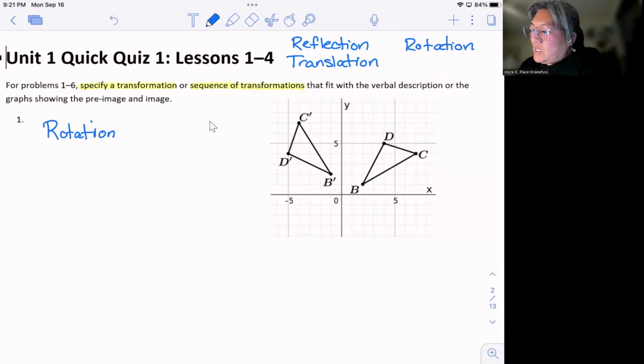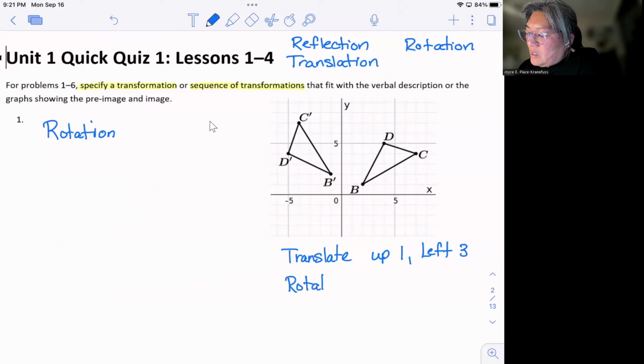Some of you actually said that we can translate it up one and left, up one, left 1, 2, 3, left 3, and then rotate around the point -1, +2. We could look at it from that perspective as well. Or you could just say it's a rotation.